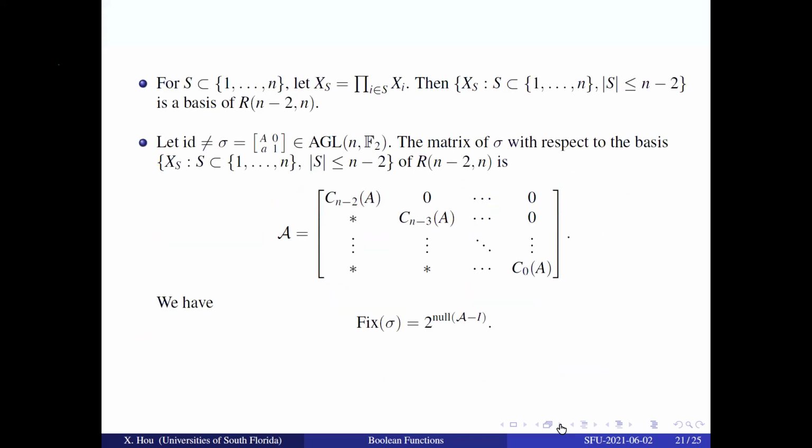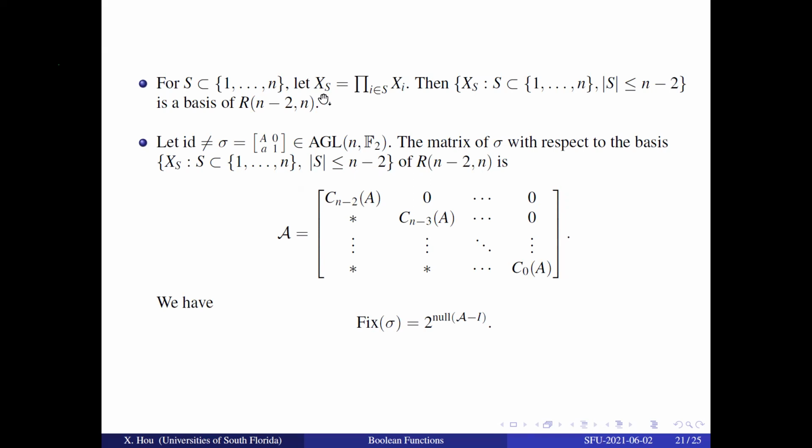All right. So in order to estimate the summation in blue color, we do the following. We first introduce this notation for any subset, capital S, of 1 through n.